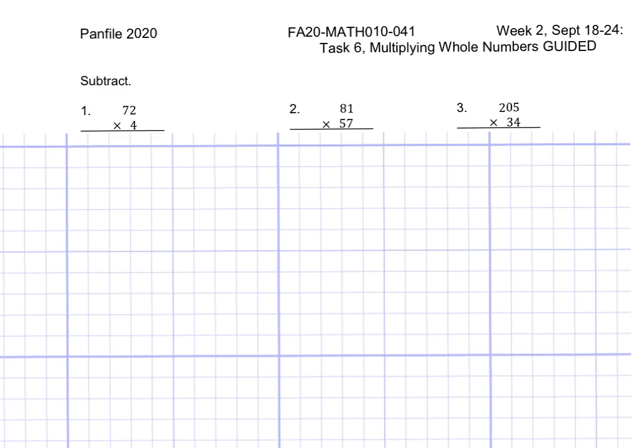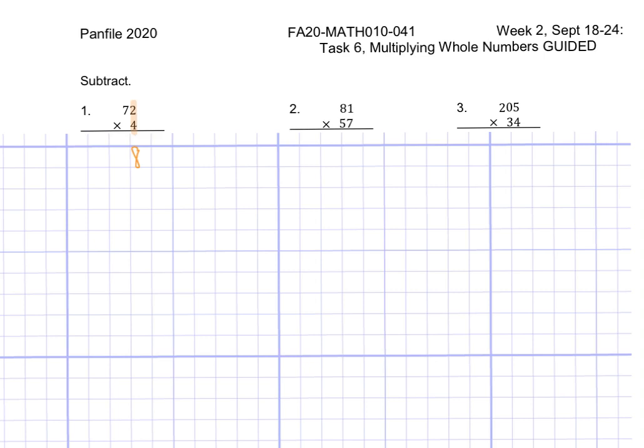What we're going to do is, again, move from right to left, and we are going to use that multiplication chart. First we are going to start with doing 4 times 2. And from our multiplication chart, we see that 4 times 2 is 8.